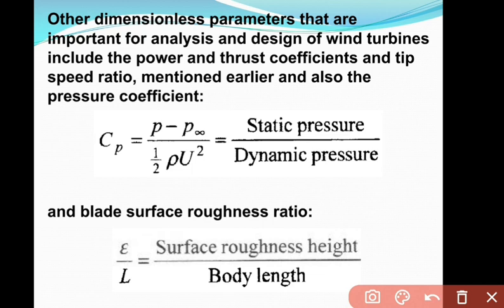So we can define it by this equation. Here Cp is equal to static pressure divided by dynamic pressure, and the blade surface roughness ratio is equal to surface roughness height divided by body length.